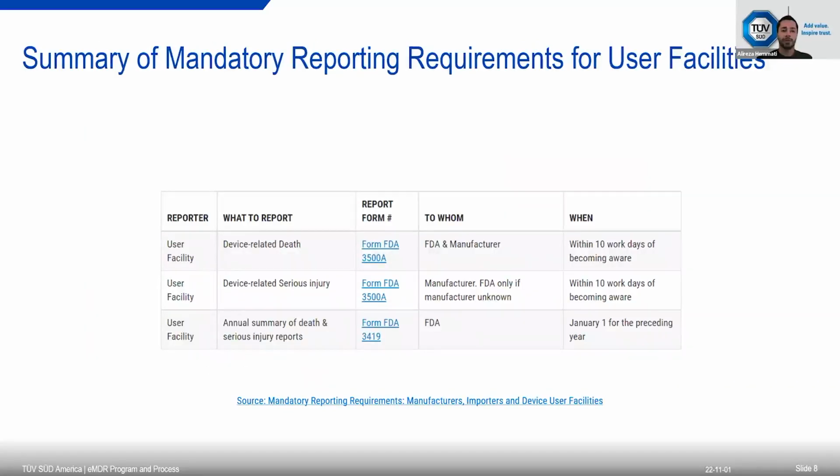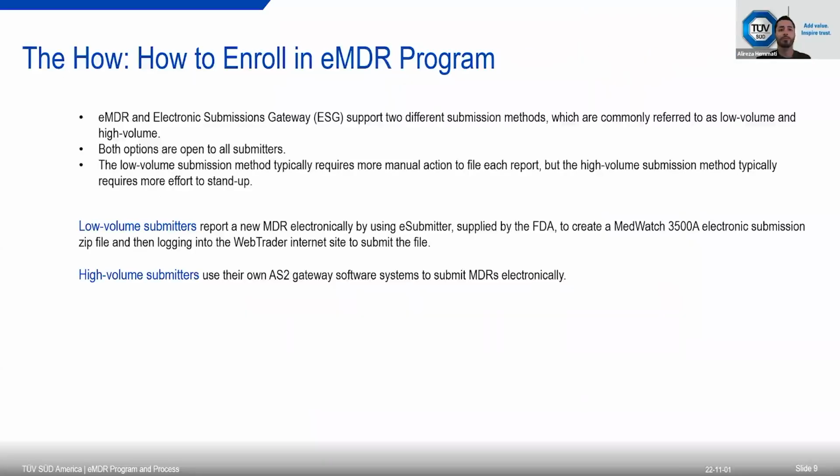As for user facilities, they also have 10 working days of being aware to report to FDA and the manufacturer for device-related deaths and device-related serious injury. For the annual summary of death and serious injury reports, they are submitted by January 1st of the following year, and they are submitted to FDA only.